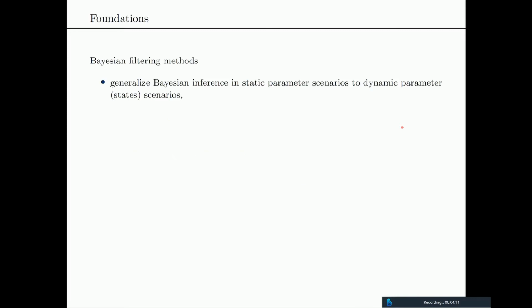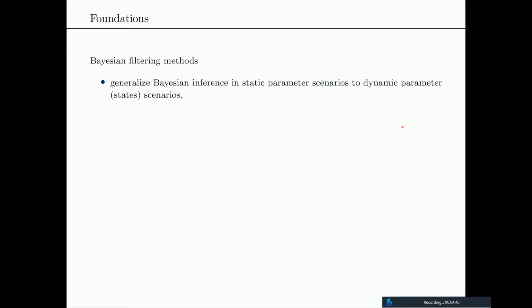So first, some general remarks on why this is interesting, with somewhat more emphasis on applications and the general context than in other sections, where I always hope it's self-evident why this is important, but maybe Bayesian filtering is a little bit more obscure. Here are some remarks. First of all, you can view it as Bayesian inference in dynamic parameter scenarios.